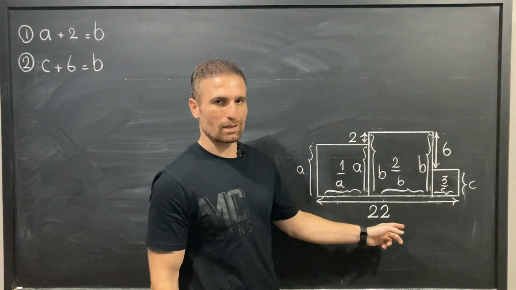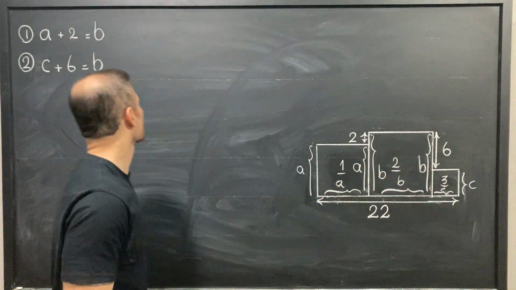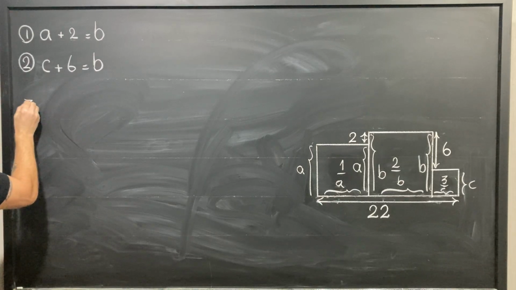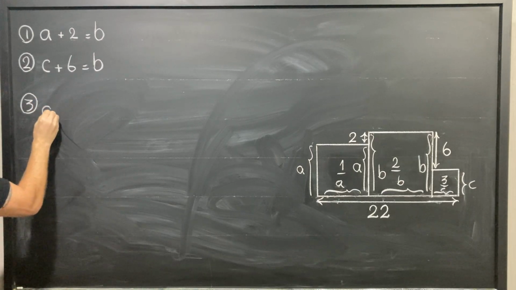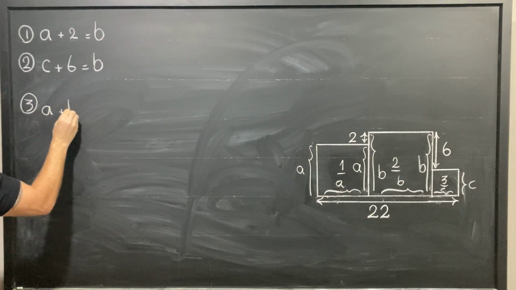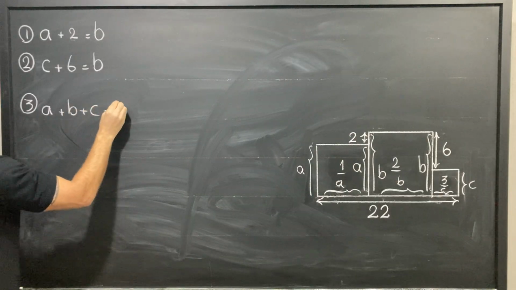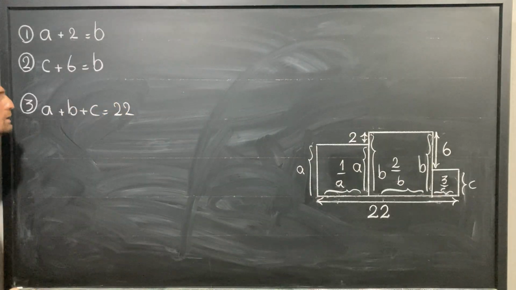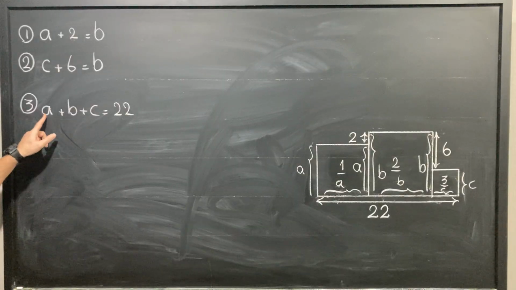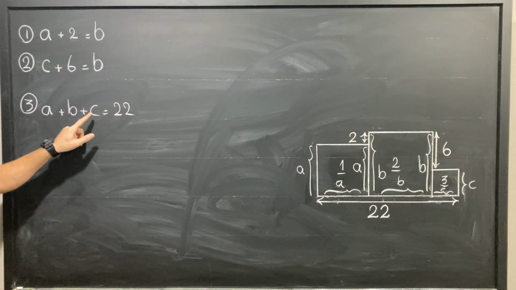Of course, 22. Let's write it. A plus B plus C is gonna be 22.